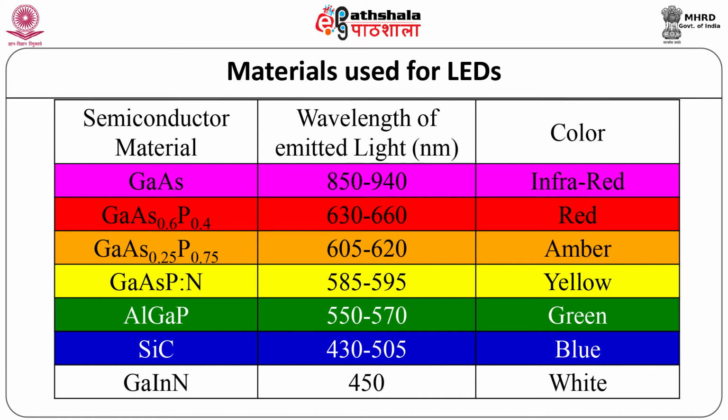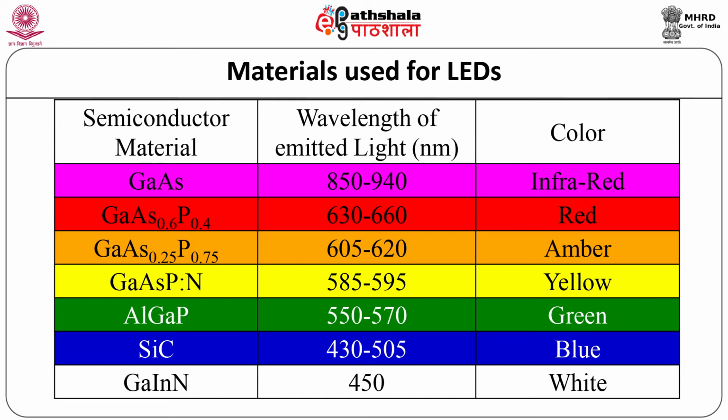Here we have gallium, arsenic 0.25, phosphorus 0.75 and the emitted wavelength is in the range of 605 to 620 nanometer. For yellow LED, materials used are gallium, arsenic, phosphorus and nitrogen. Here the wavelength of emitted light is in the range of 585 to 595 nanometer.